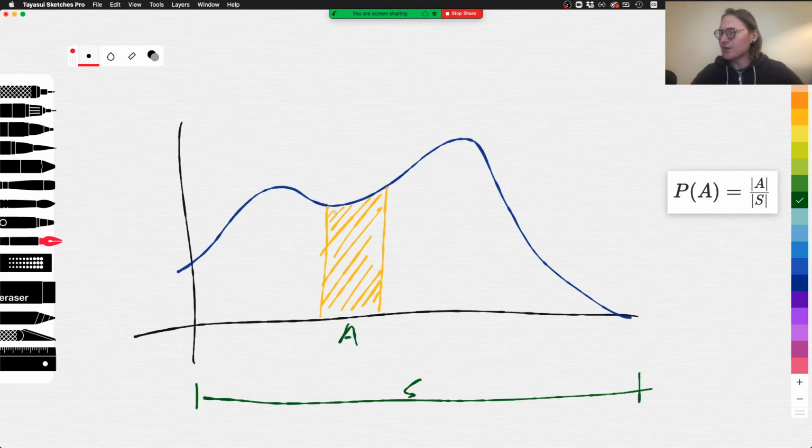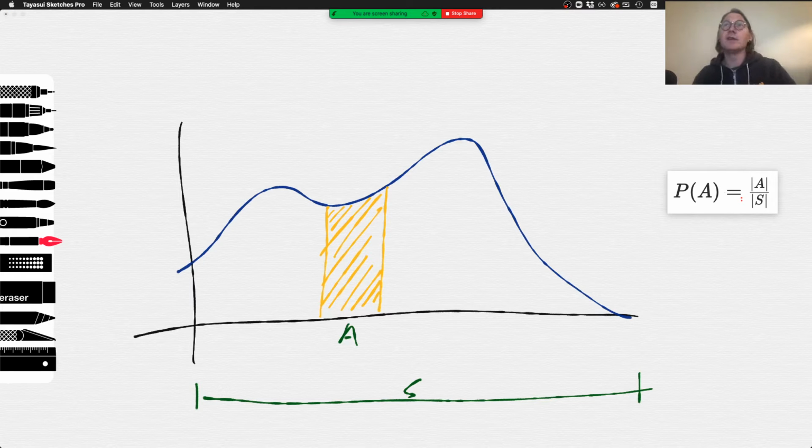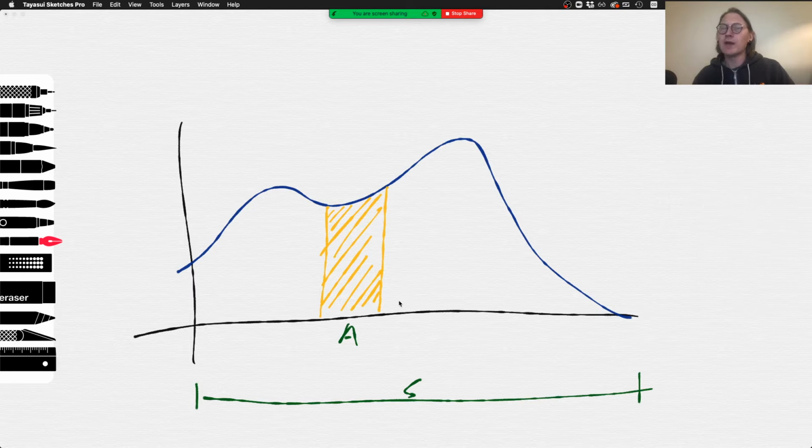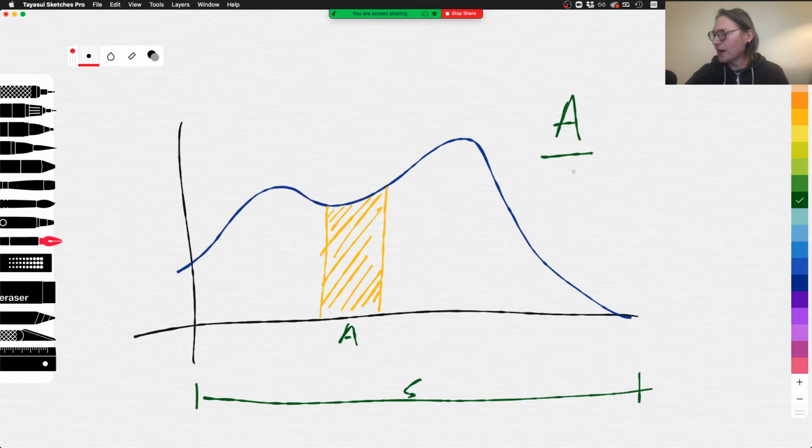Because we're not necessarily counting the instances of A. We're thinking about this in terms of an area. So this is not exactly relevant anymore. But it's a similar idea, right? We can still take A and divide it by S, and that's going to be the probability of A, right? If we're talking about A as being this region and S as being the entire region.